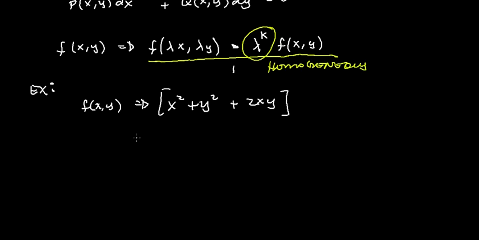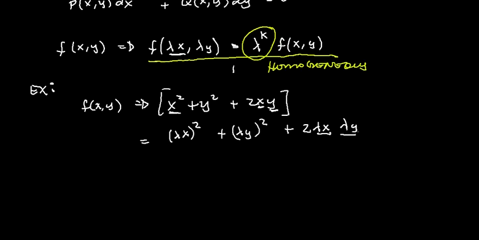So we replace x with lambda x, and that is being squared, plus lambda y, that is also being squared, plus 2 times lambda x for the variable x and lambda y for the variable y.